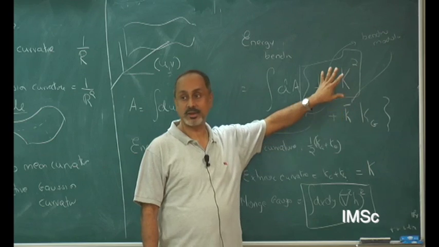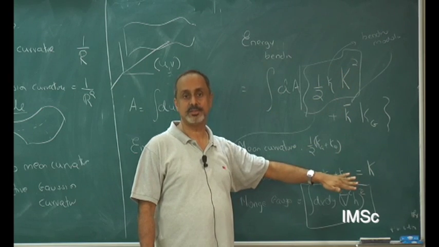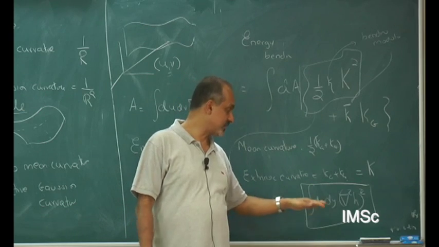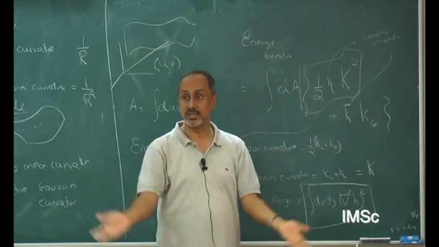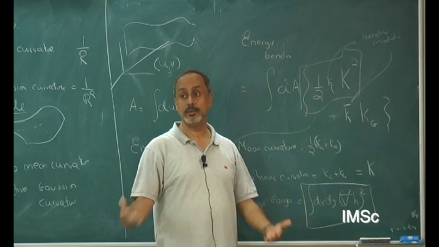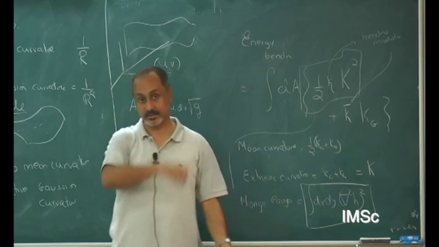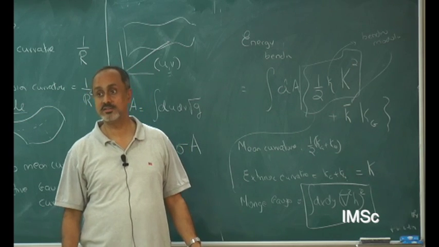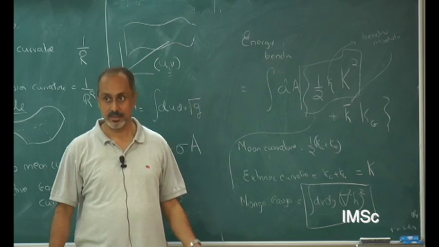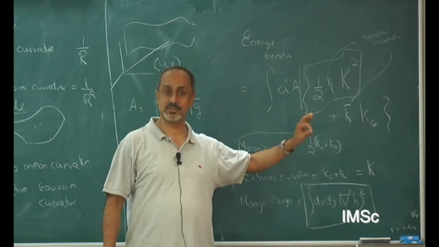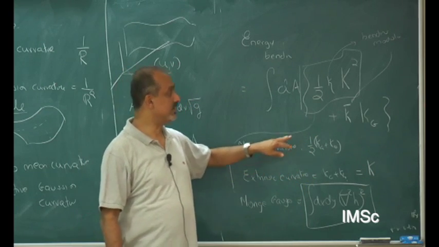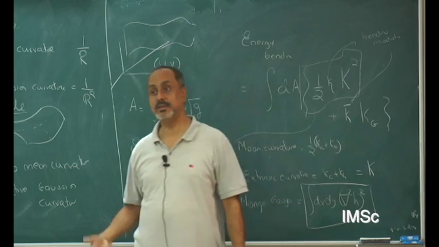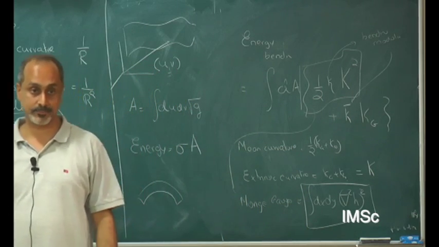Once I write those expressions, I'm free to choose something particularly convenient. If I'm talking about more or less flat membranes, it's always convenient to use a Monge gauge. If I'm talking about a curved vesicle and asking about the energy, it might be more useful to use spherical coordinates. So it is dictated by the ease of a particular application. But the ability to go from one choice to another is made hugely simple by the fact that we can calculate invariants that remain the same irrespective of whatever choice you make.